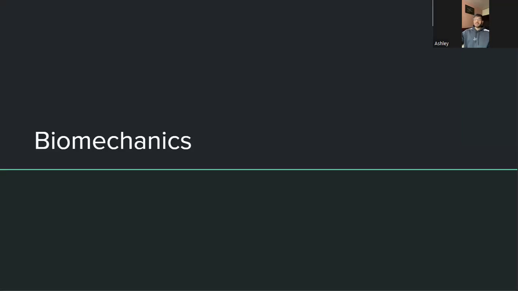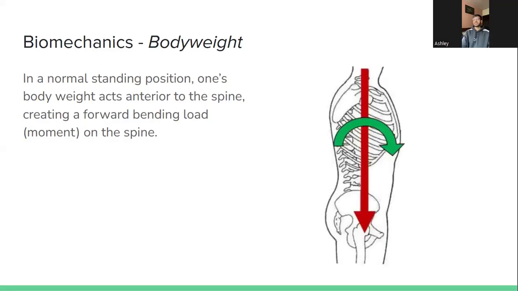Now we're going into the biomechanics of the spine and what goes through. Slowly, you'll get where we're going. So now our body weight. One thing to keep in mind is that in a normal standing position, your body weight is mostly going to be acted on by gravity, which pulls it anteriorly, forward, right?